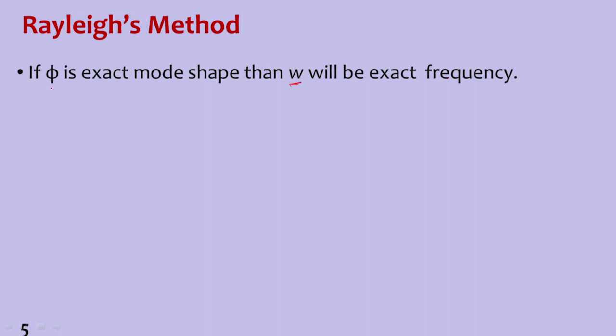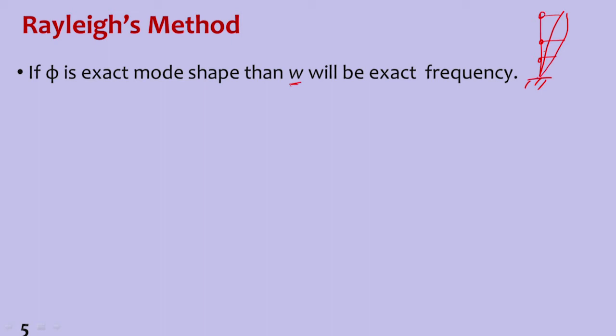Let us take a 3 degrees of freedom system, 1, 2, 3. We can assume any function. We can assume a straight line function, a parabolic function, or a sine function, any function, to get the first fundamental natural frequency. This should be approximately near to the first mode.